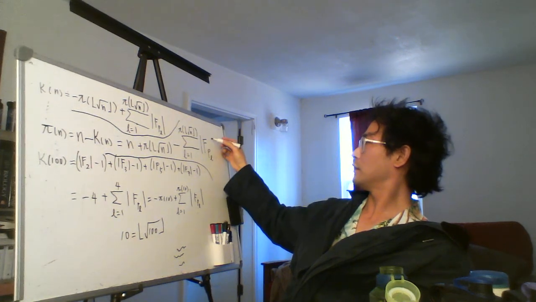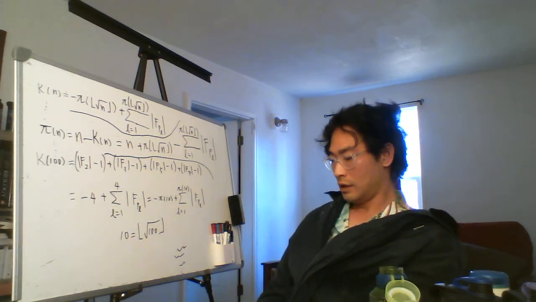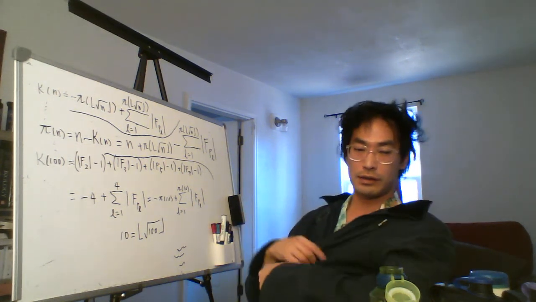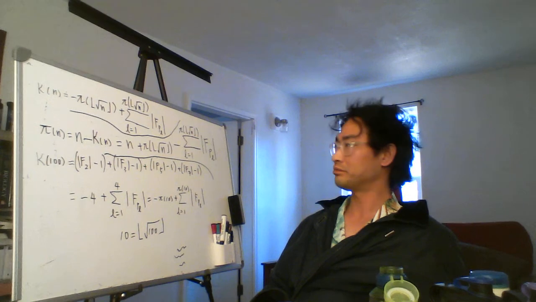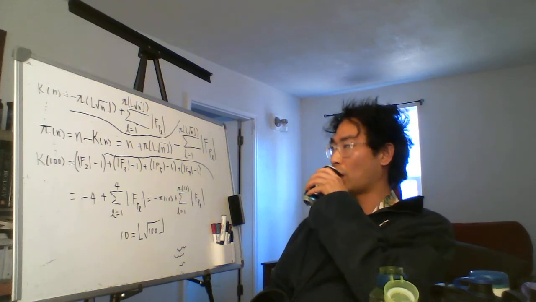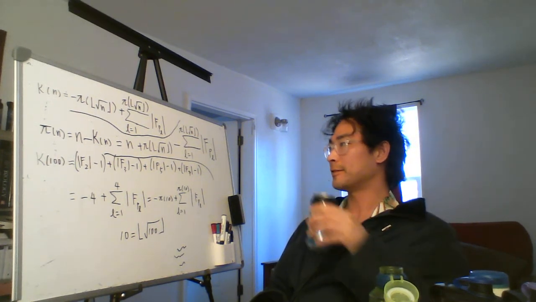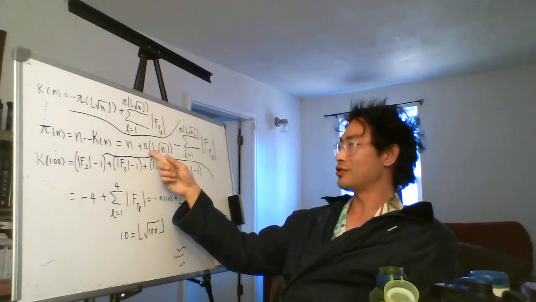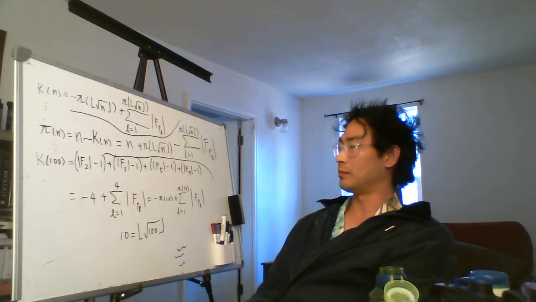Okay. Index of index. Yeah, this nested indexation. Sometimes it happens. Very good. So we found some recurrence relationship of the prime counting function.